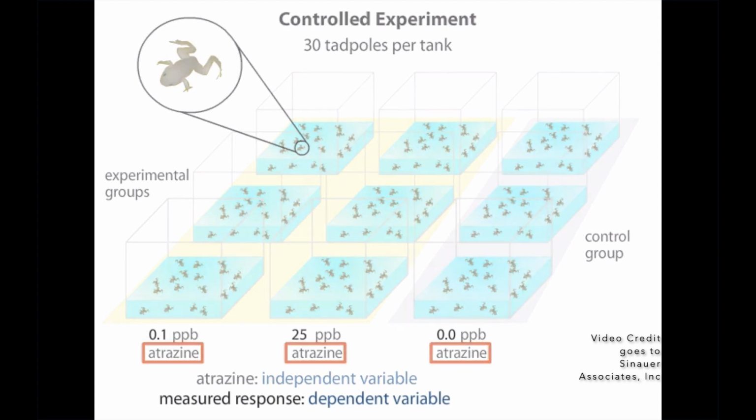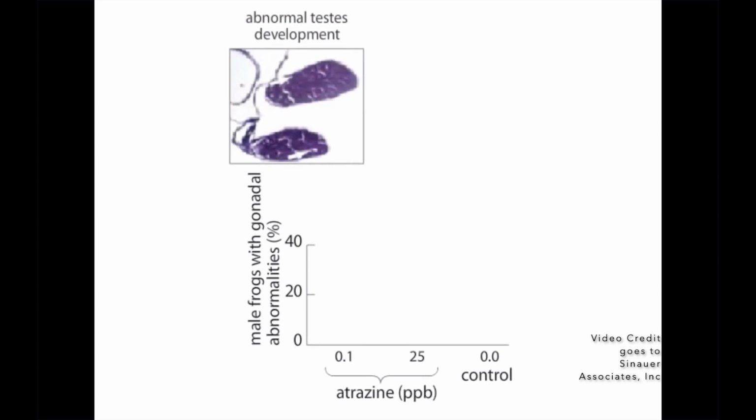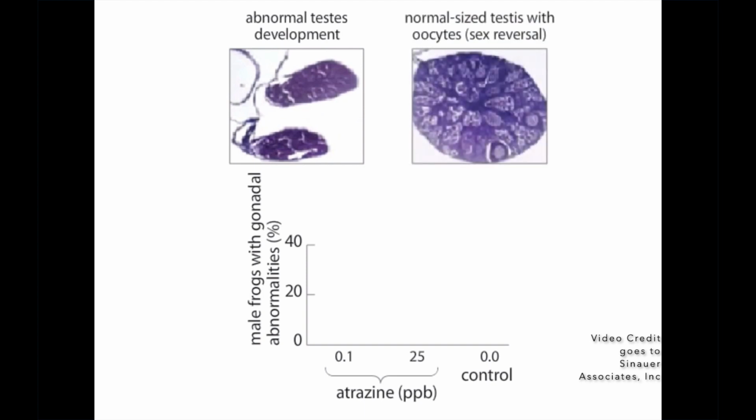The investigators found abnormalities in the reproductive systems of some of the male frogs. The abnormalities were of 2 sorts. First, some testes were abnormally small, with retarded development compared to normal-sized testes. Second, in a kind of sex reversal, some testes actually contained eggs, or oocytes.